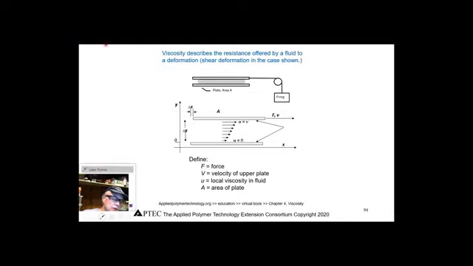And for many fluids, the upper plate has a velocity v. The little molecules that are near the top there are moving at velocity v. And that's actually called a stick boundary condition.